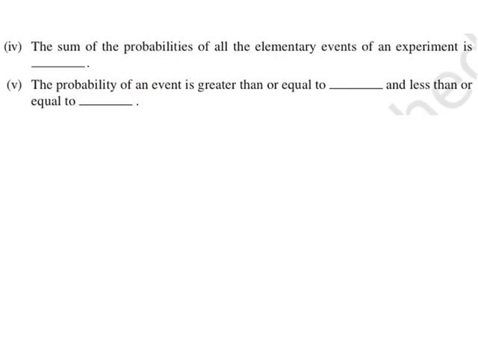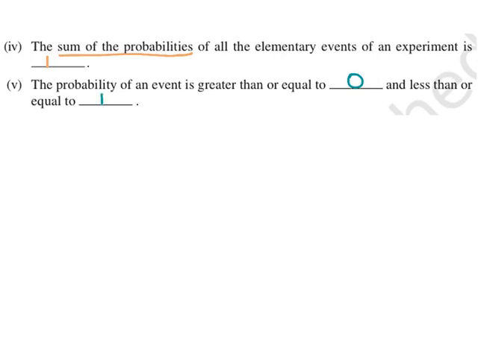The sum of the probabilities of all the elementary events of an experiment is again 1. If you add up the different possibilities in an event and you add up the probabilities, it will always be equal to 1. The probability of an event is greater than or equal to 0 and less than or equal to 1.